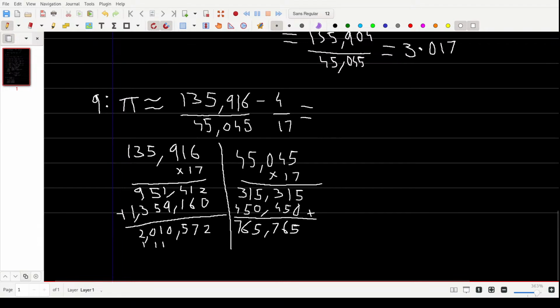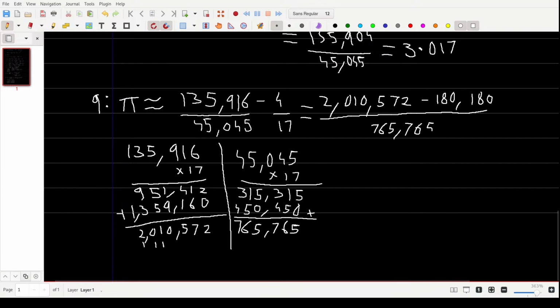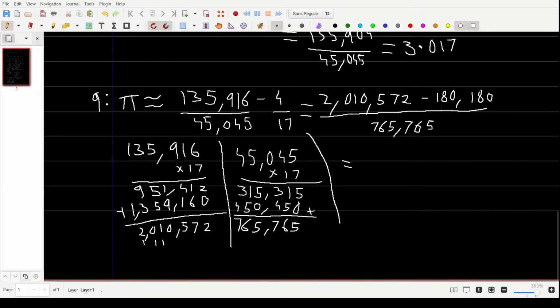So this, 2,010,572 minus that's just 180 over 765. Let's just divide that and then we'll just separate it from the rest. Then that's equal to, we have to subtract it, don't we?